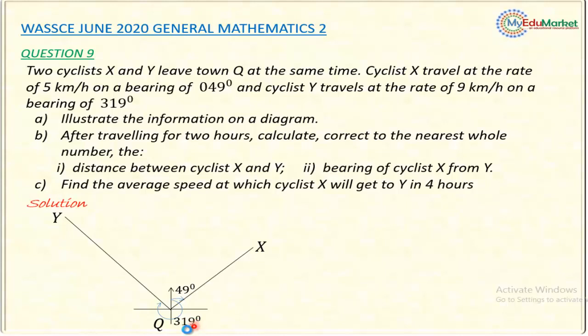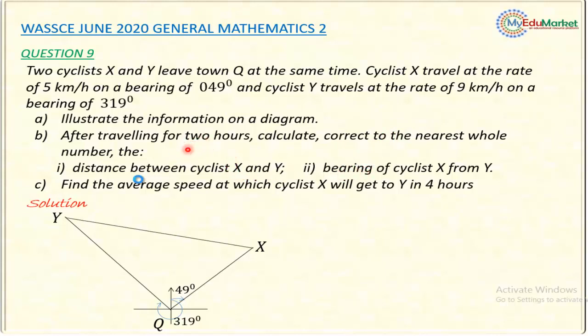I continue. I will now complete this and indicate the distance from Q to X and from Q to Y, because the rate at which they move, that is their speed, is given, and the time is also given, after 2 hours.